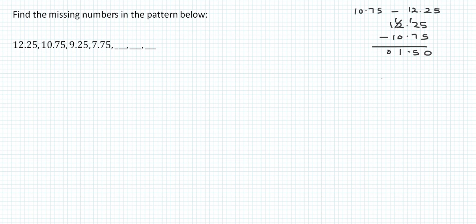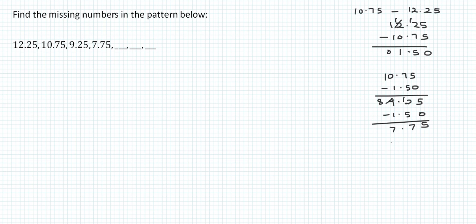So let's look at 10.75 minus 1.50. So we have 9.25. 9.25 minus 1.50 gives us 7.75.